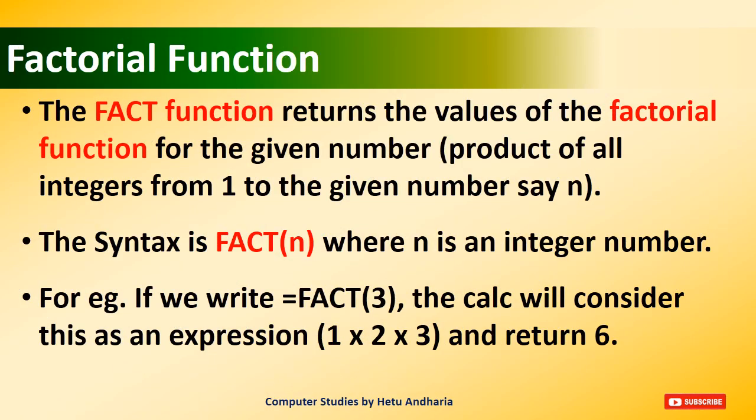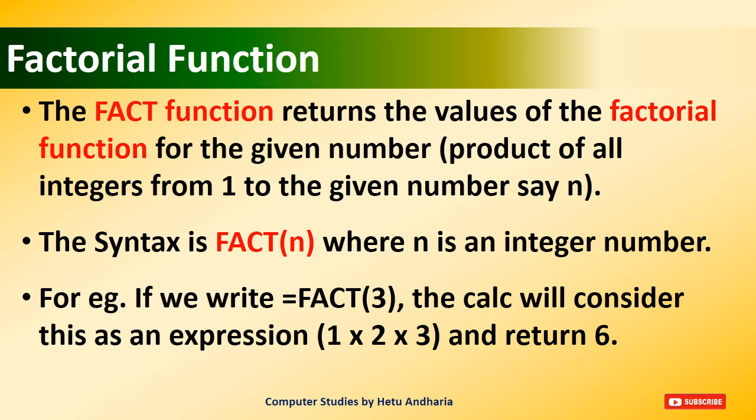In mathematics, you all may have studied about the factorial. Am I right? So this is not a new thing for you. Here, the fact function returns the value of the factorial function for the given number, that is, the product of all integers from 1 to the given number.